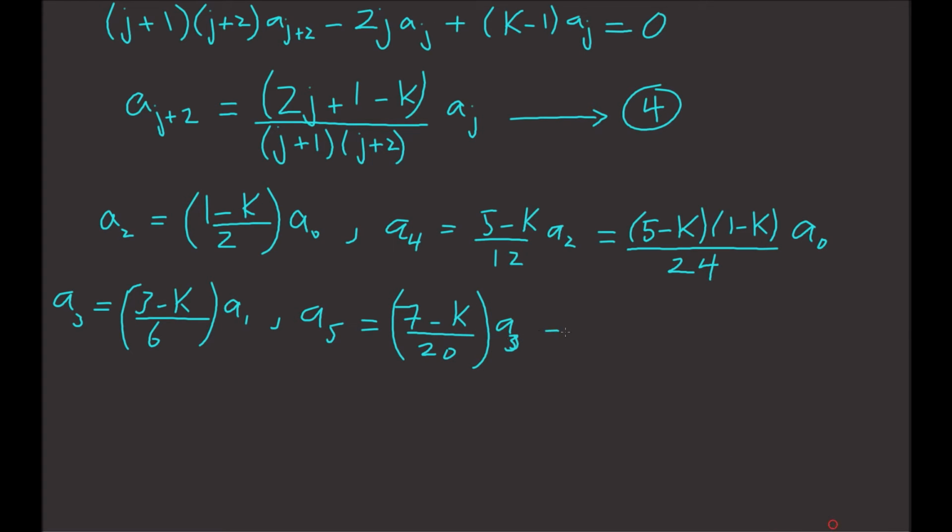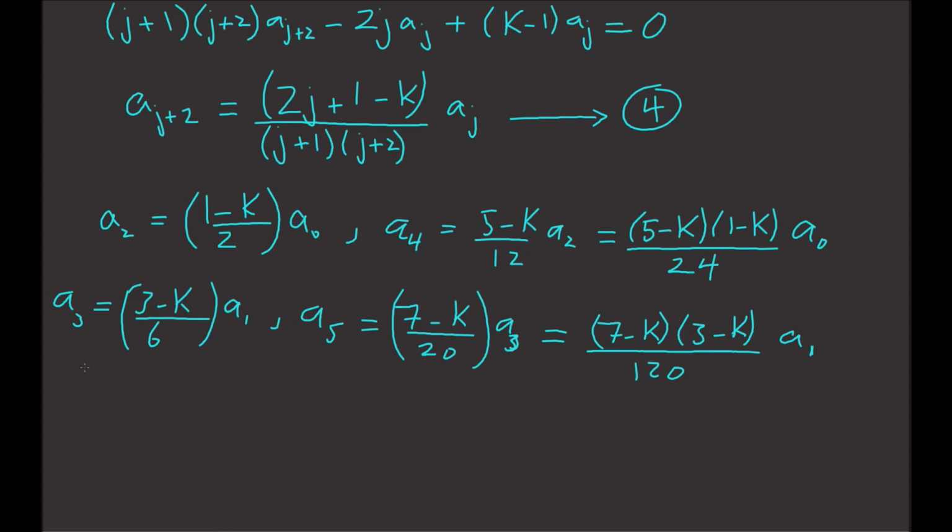But we know what a sub 3 is, so we can rewrite a sub 5 in terms of a sub 1, which gives us 7 minus k times 3 minus k divided by 120 a sub 1. There you have it. So we have all the even a's in terms of a naught, and all the odd a's in terms of a1.